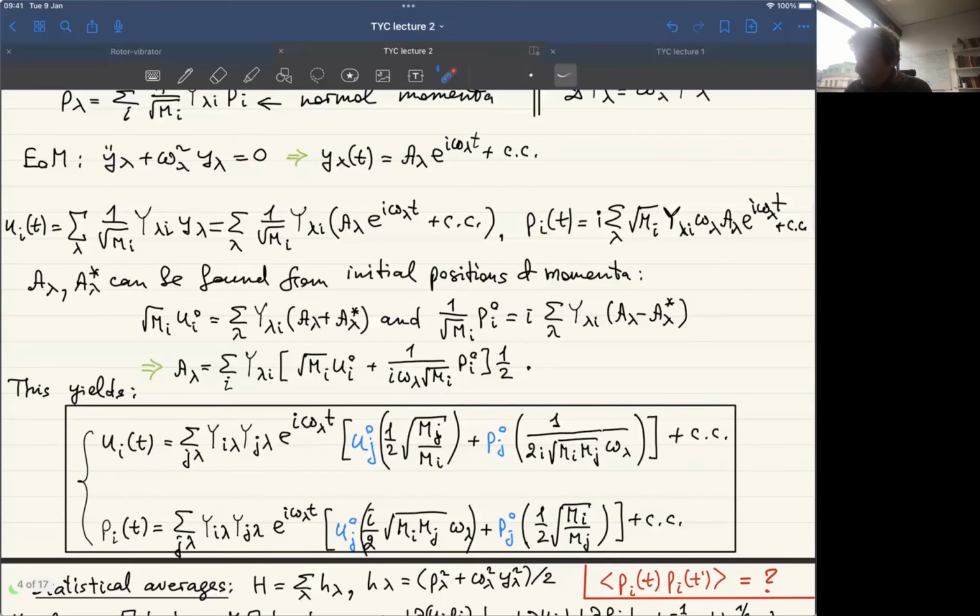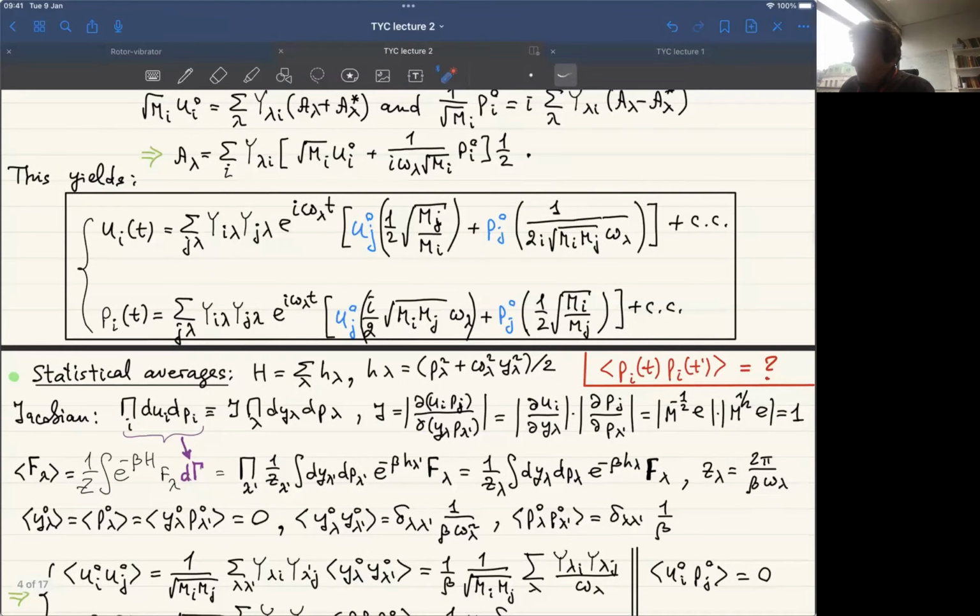If you perform this calculation, you will obtain for a lambda this explicit expression. It depends on atomic positions and momenta at time equals 0. Substituting back into these equations here, you obtain this boxed equation for the atomic positions and momenta of our classical vibrating system.